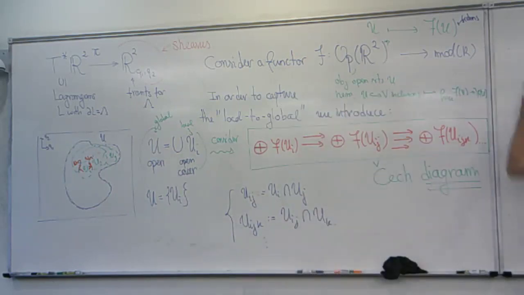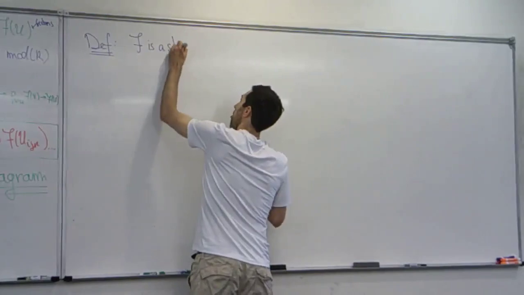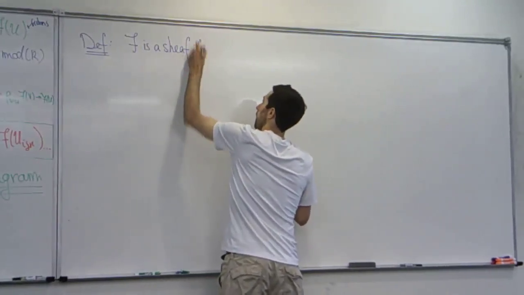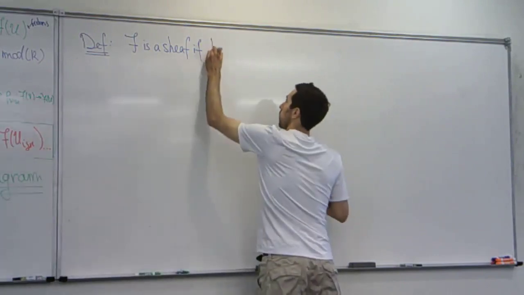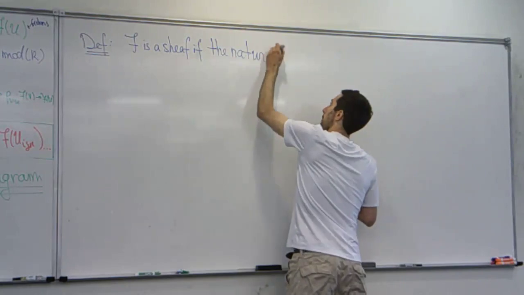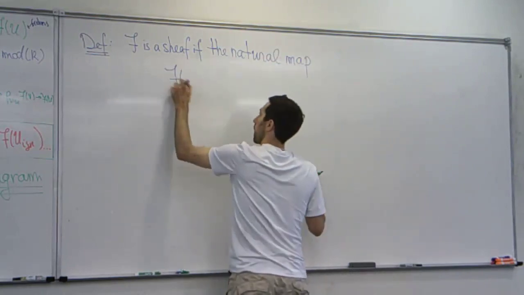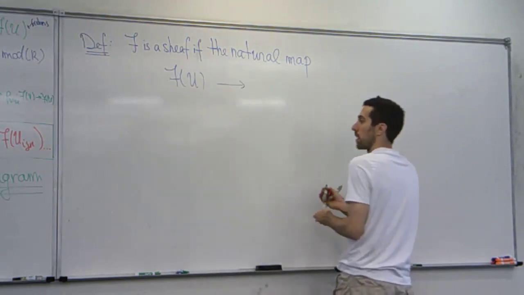So let me write here the definition of a sheaf. F is a sheaf if the natural map from F of U to the limit of this diagram, which I'm writing in red, is an isomorphism.